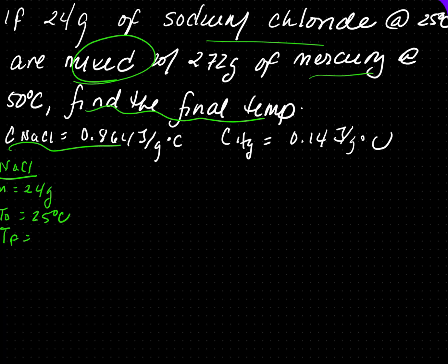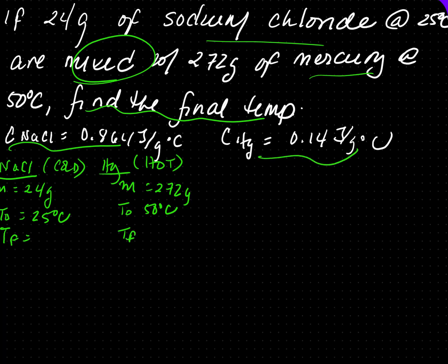So now I'm going to identify the variables for mercury. So mercury, we have a mass of 272 grams. Its T initial is 50 degrees Celsius. So that tells you mercury is your hot and your sodium chloride is your cold. T final we don't know, and they gave you the C.